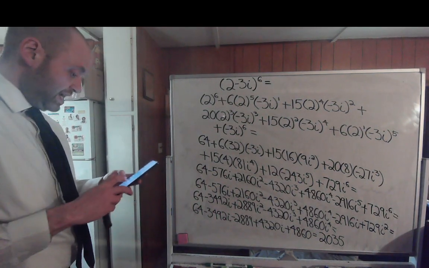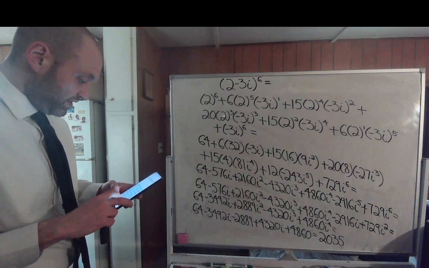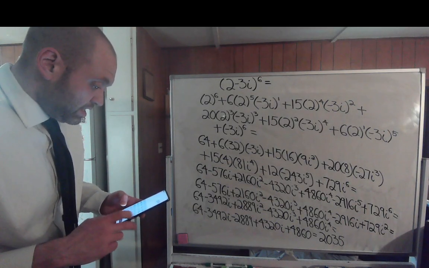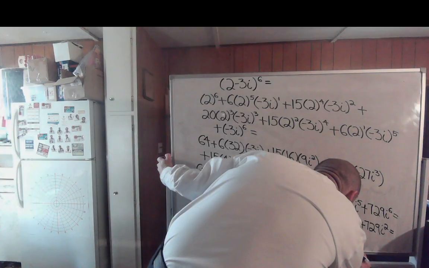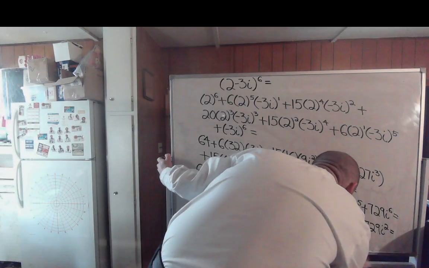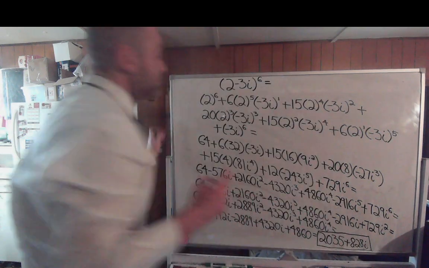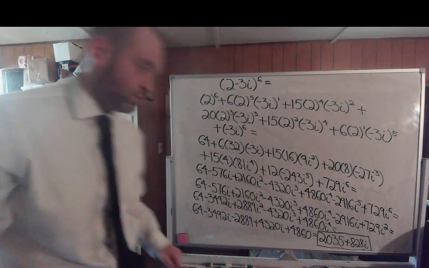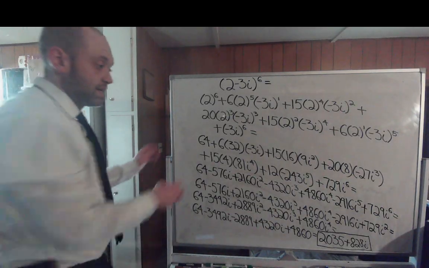So we have negative 3,492 plus 4,320. So that would give you plus 828i. So that complex number to the sixth power in standard form is going to be 2,035 plus 828i. So yes, these can get very messy.